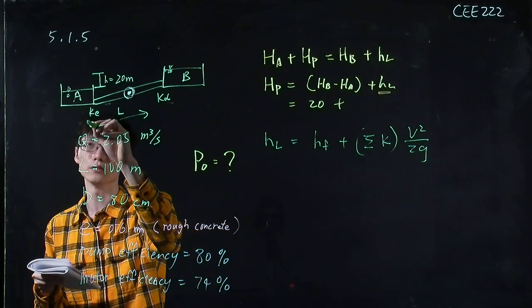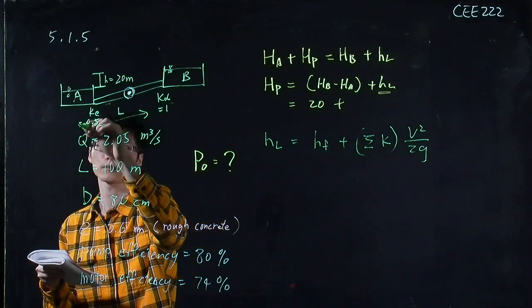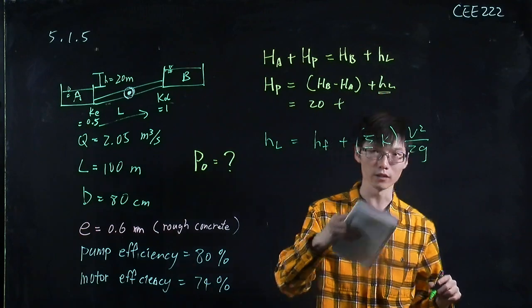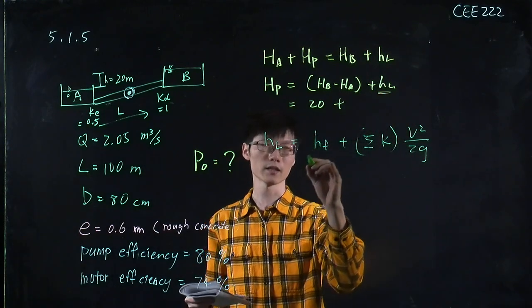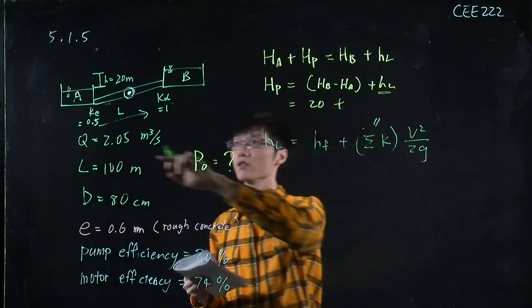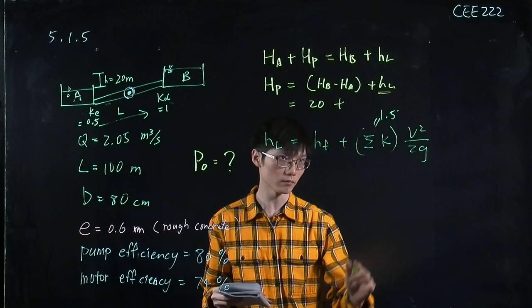KE is equal to 0.5 and KD is equal to 1. That's the number that we're going to use for our minor losses. Let me just write the number down here. So 0.5 plus 1 is 1.5. That is what this term will be.